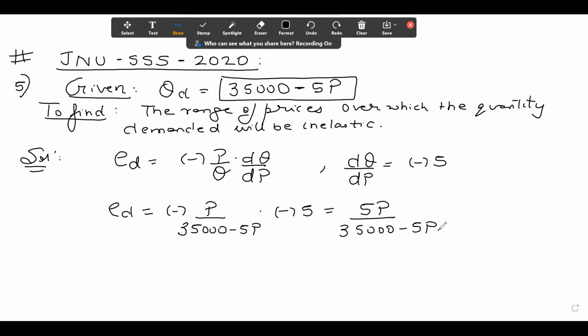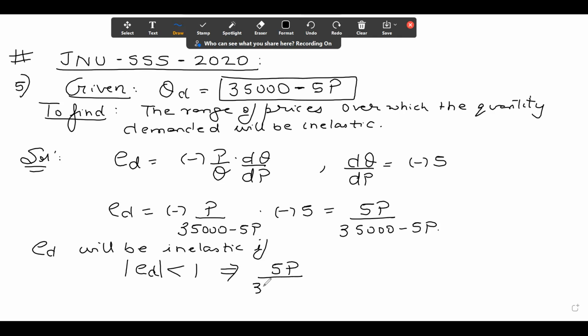The question is asking us over what range of prices the demand is inelastic. So I can write that demand will be inelastic if elasticity of demand takes a value less than 1, in absolute terms. So this implies that 5P upon 35,000 minus 5P should be less than 1.